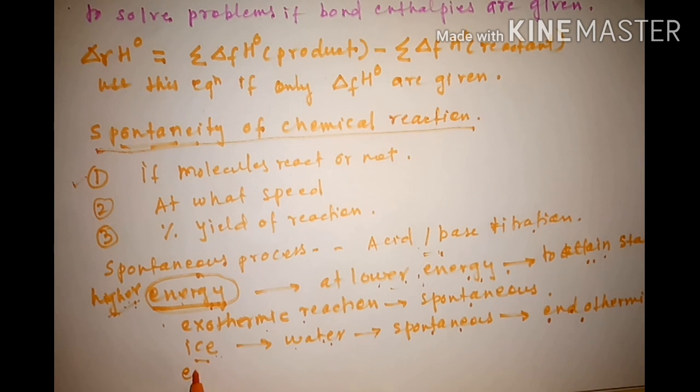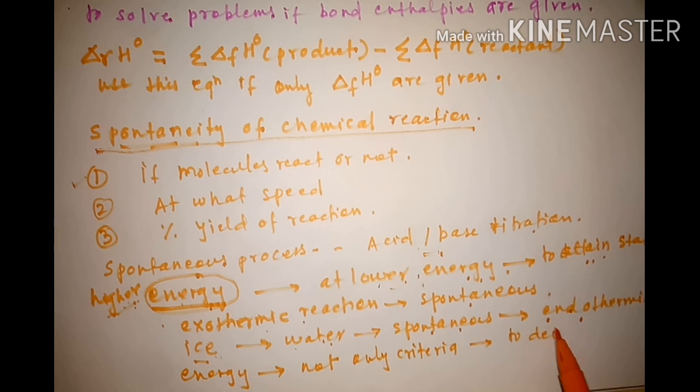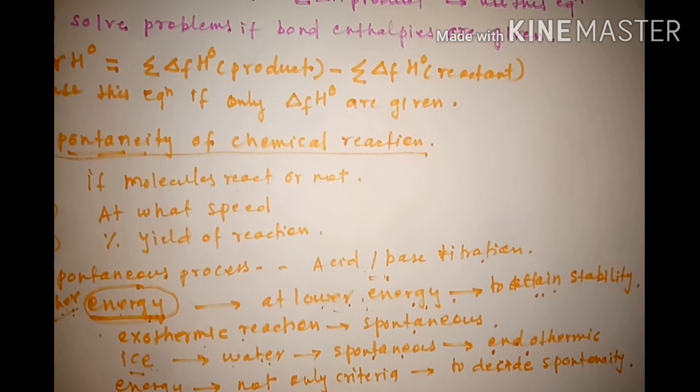So energy is not the only criterion to decide whether the reaction would be spontaneous or not. There must be some other factors which decide the spontaneity of the reaction, and we will study them further. Thank you.